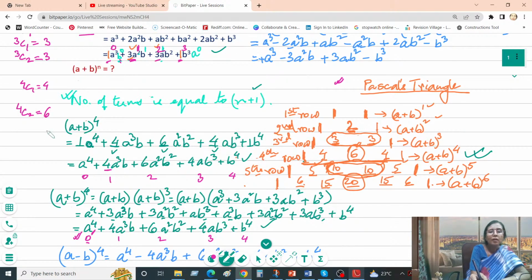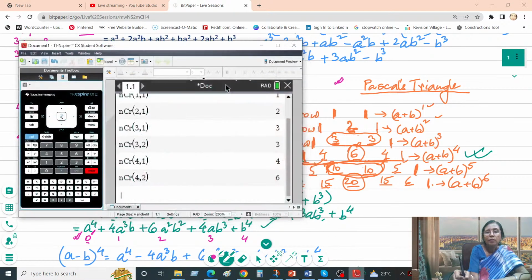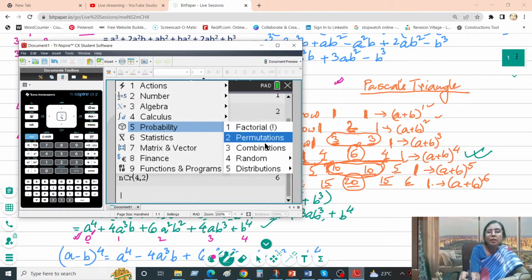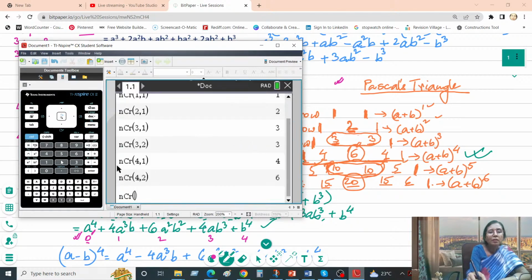In fact, you can get, let me show you, 4C3. Let me compute 4C3. Menu, probability, combination 4 comma 3, enter, 4.